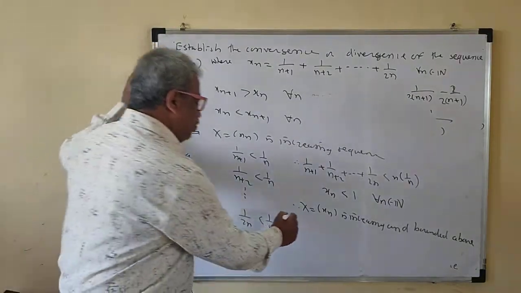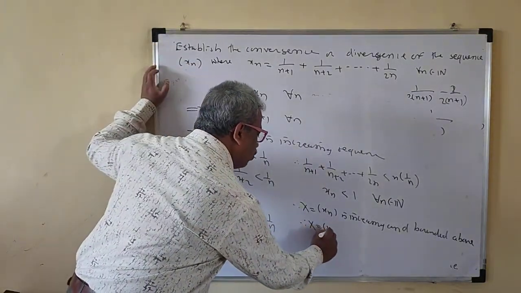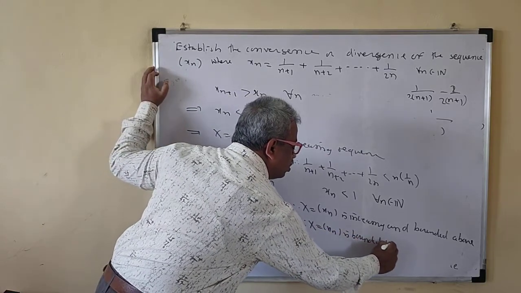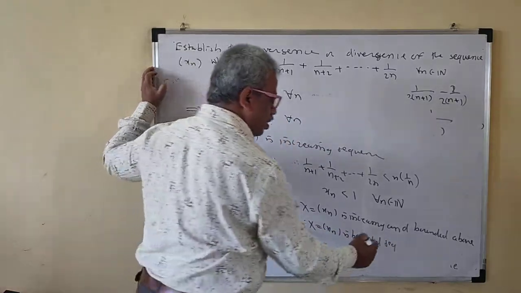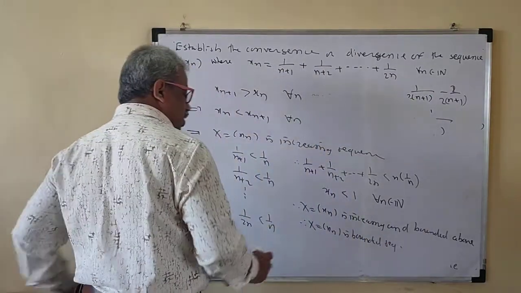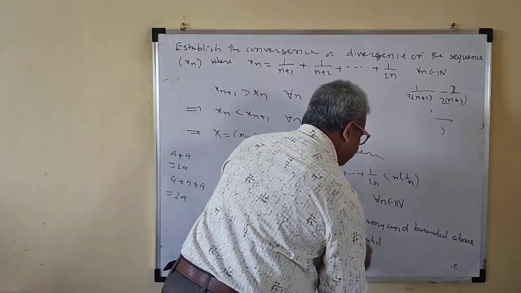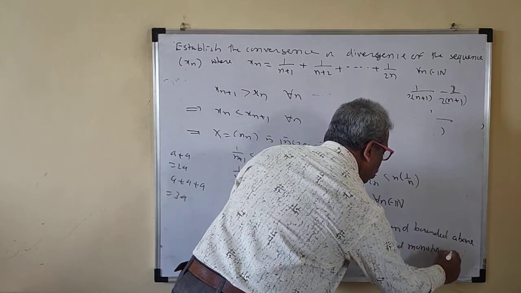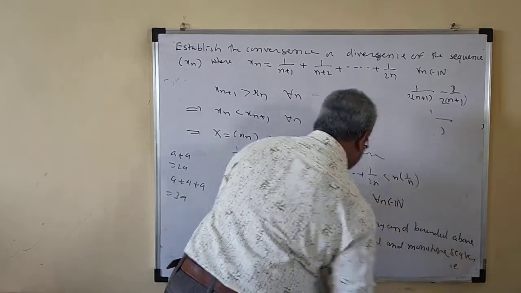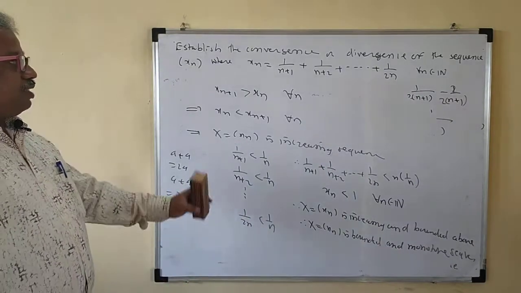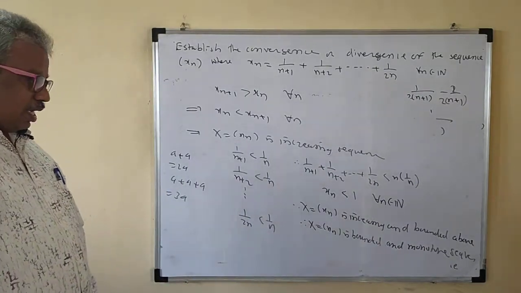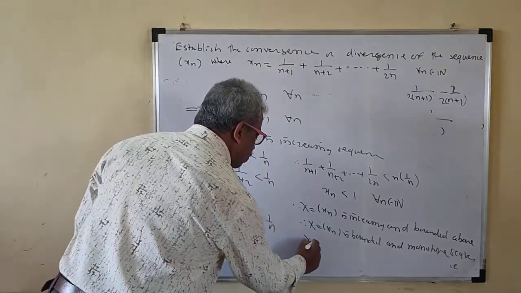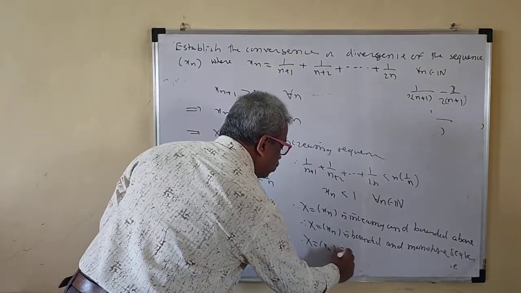So therefore x n is a bounded and monotone sequence. And we know that if a sequence is bounded and monotonic, then it is convergent. We have to discuss only whether it is convergent or divergent. Therefore, x n is convergent.